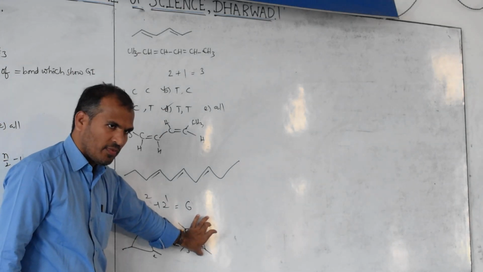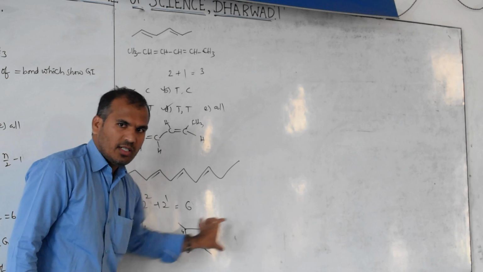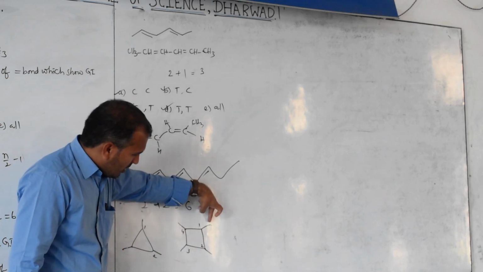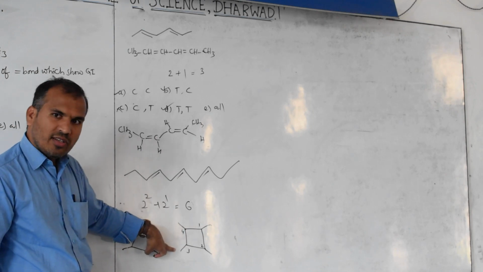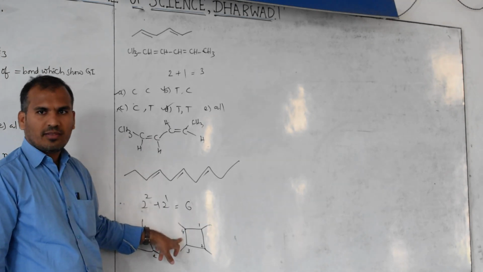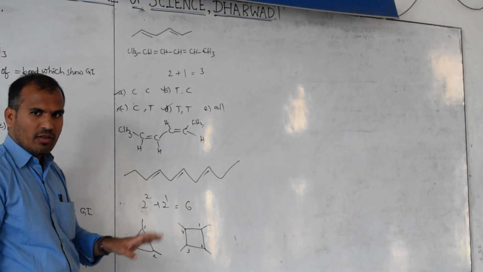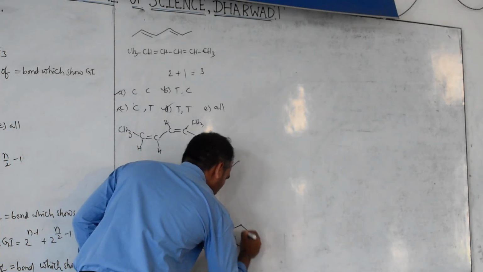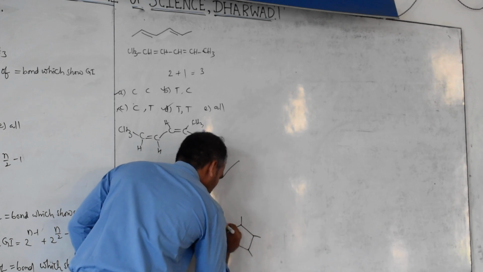Then what are the 4? Cis form, trans form. Here these 2 CH3 groups cis also exist, trans also exist. This CH3, this CH3, cis also exist, trans also exist. Total how many? 4. Next, in this one, I already showed this is 1, 2, 3, 4.